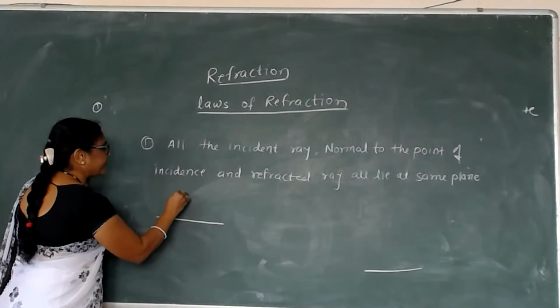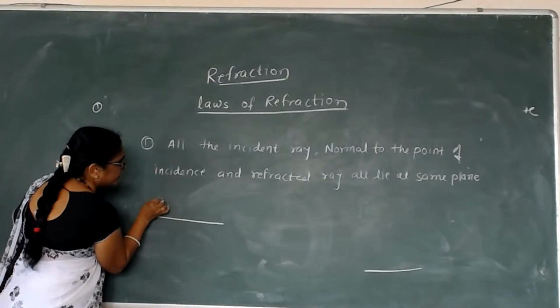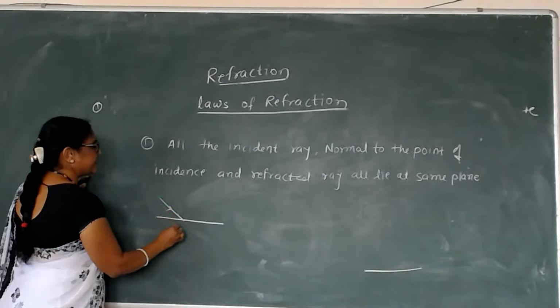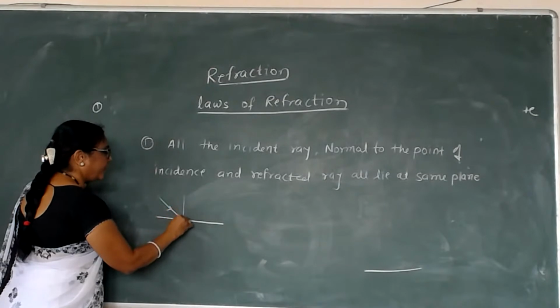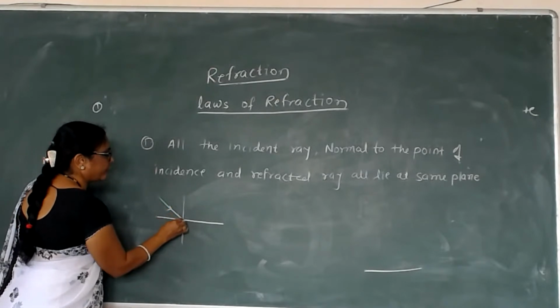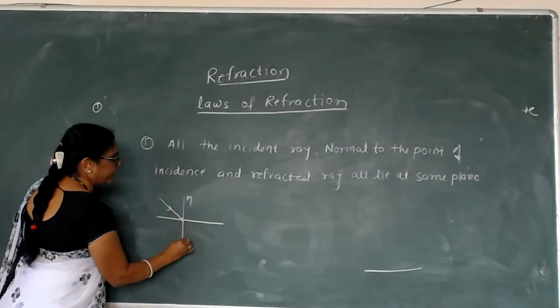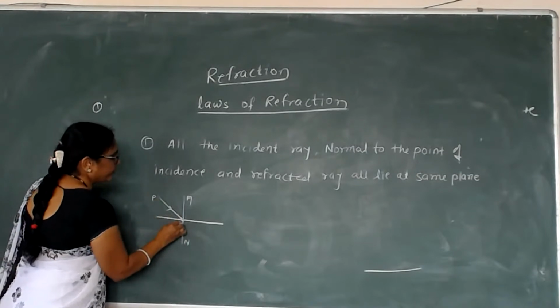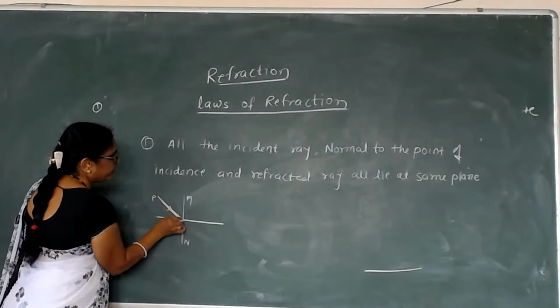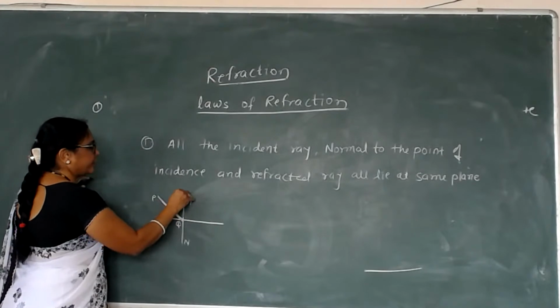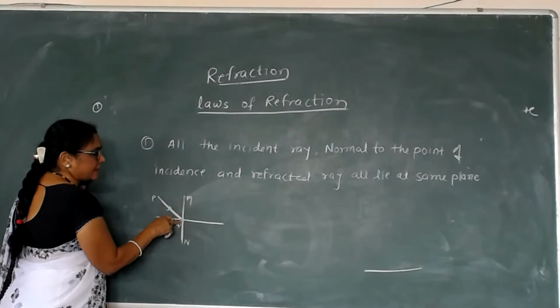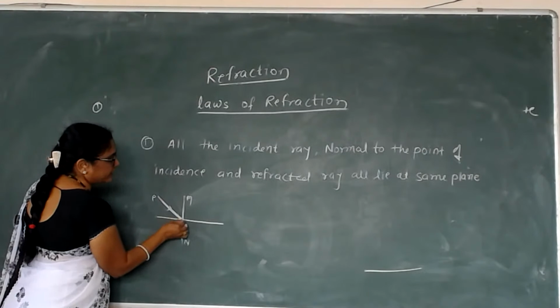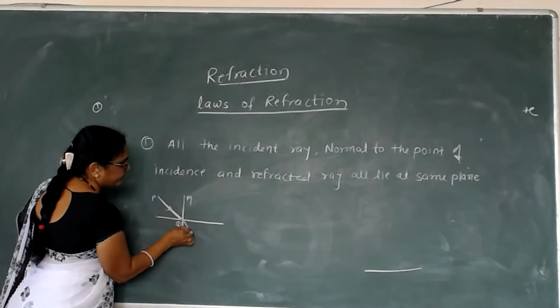So this is a plane surface. This is an incident ray. Draw a normal at the point of incidence. So this is MN, PQ. PQ is at this point, MN is also at the same point, QR is also at the same point.